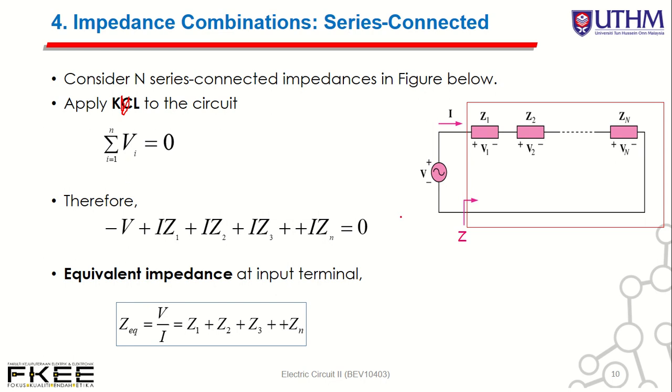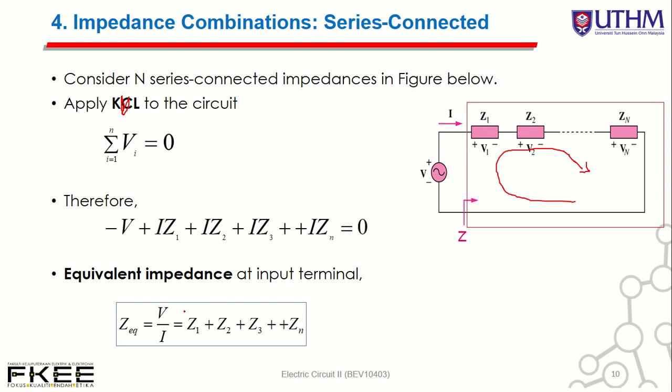So for this loop, we can write minus V plus I times Z1, positive at the load, because the load consumes, we have a voltage drop here, plus IZ2 plus IZ3, for example, until IZn equals 0.